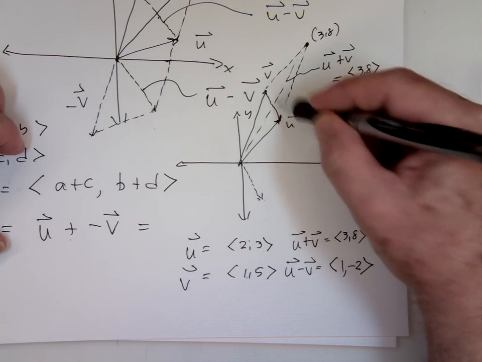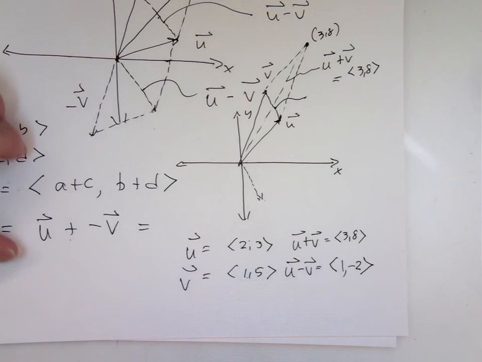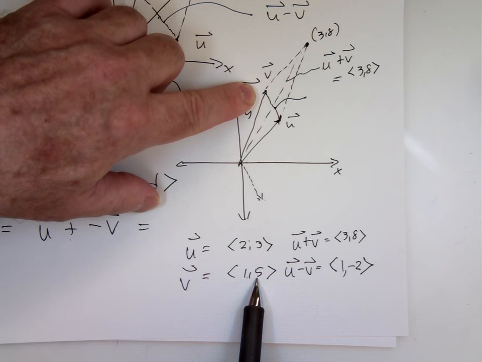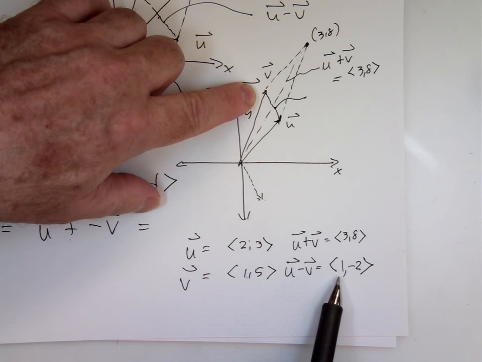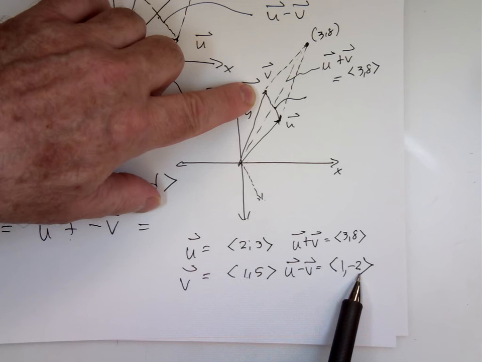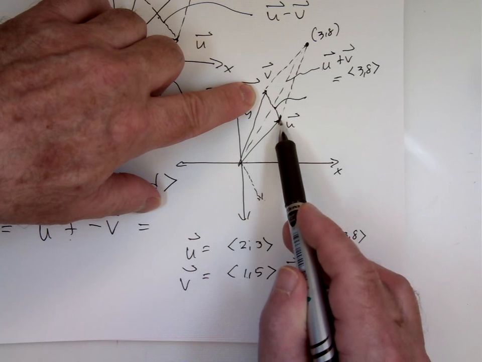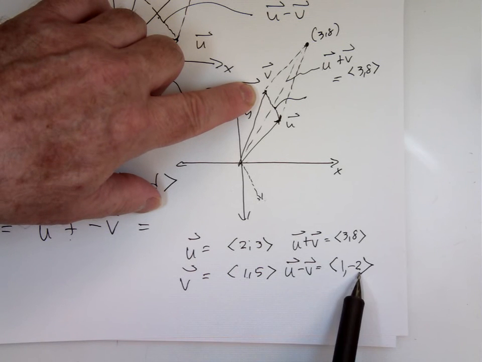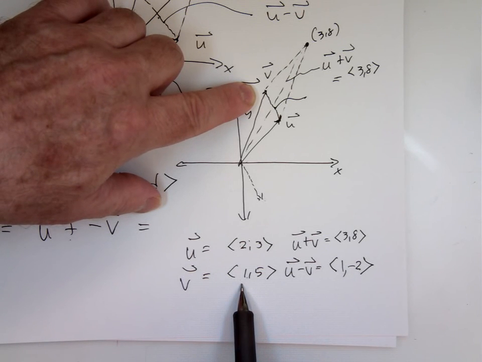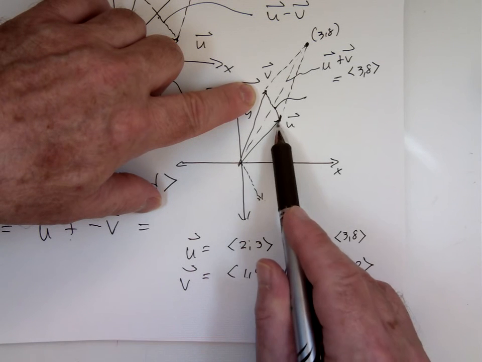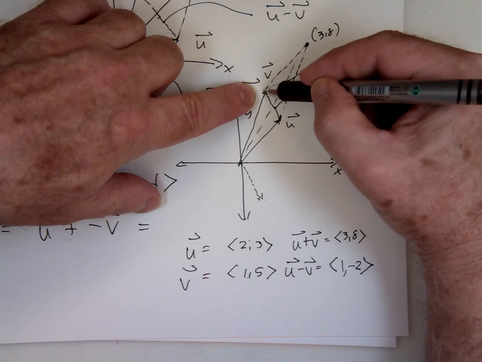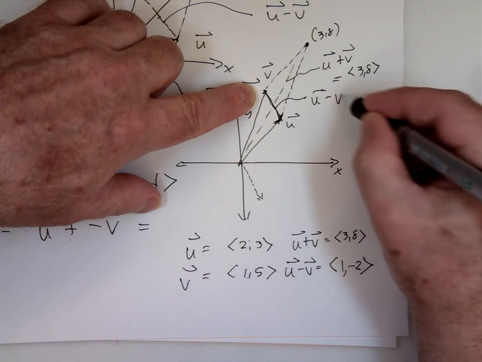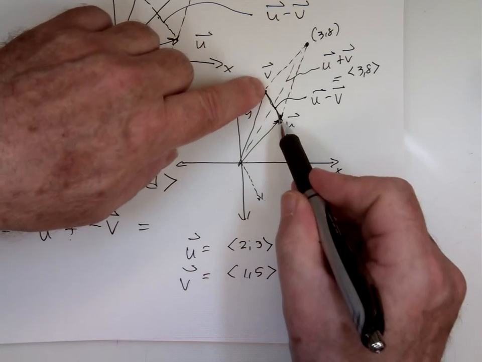If you start at V at 1, 5, and you go over 1 and down 2, you're going to be at 2, 3, this point right here. This vector right here is U minus V. Take this, put it up here, start here, it brings you to here. Okay?